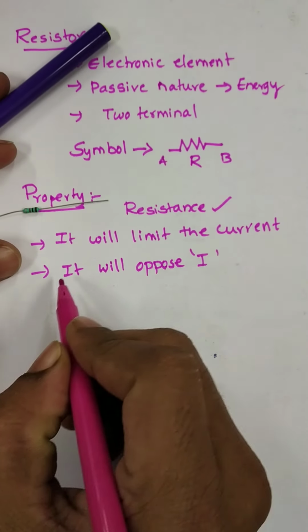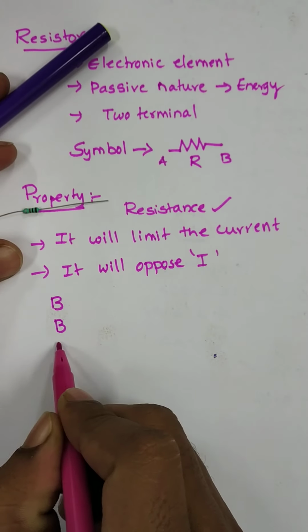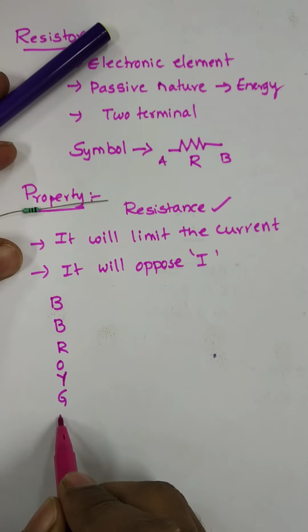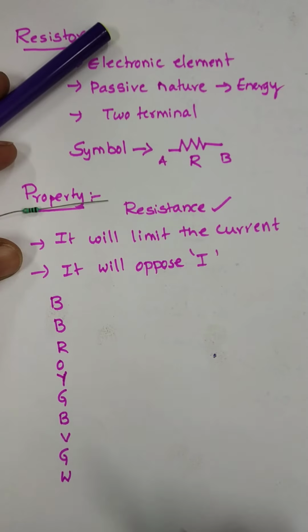There is a code for this: B B Roy of Great Britain has a very good wife.